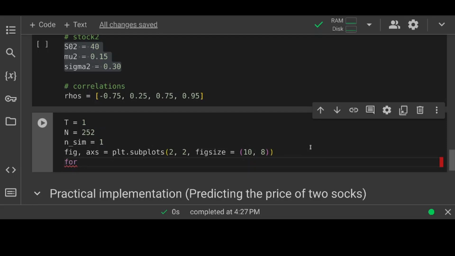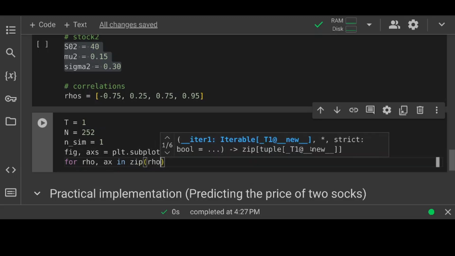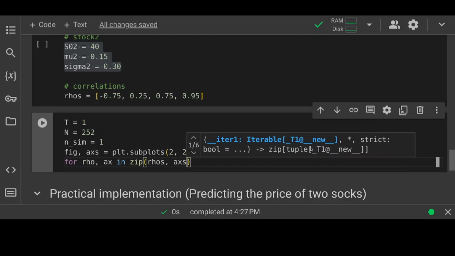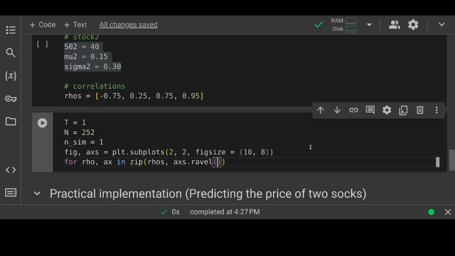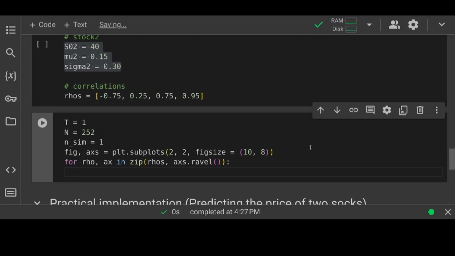So apply a for loop to pick the different correlations, for rho and axis in, that means we take in pairs from rhos and axes for plotting. Now call the function. We call the above function and take the outputs as follows.